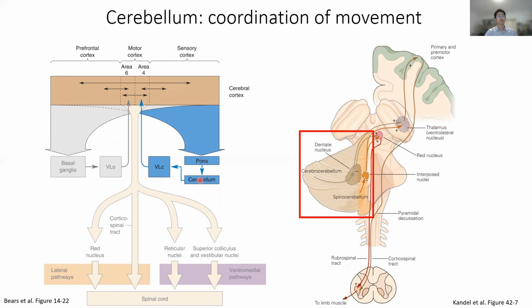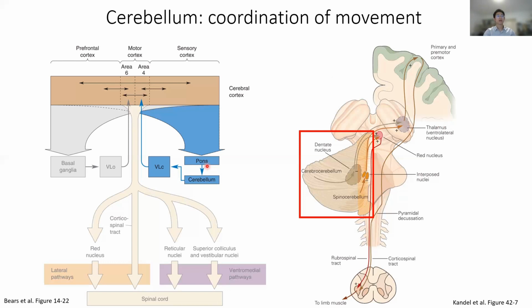So the cerebellum is here. Maybe I can first show you. On the right side, we see the structure of the cerebellum is also like two hemispheres. And this is the 3D structure of the cerebellum, but here you only see the 2D picture.